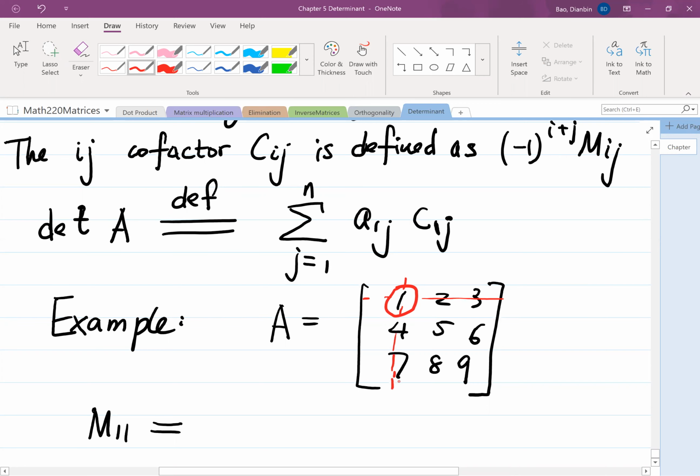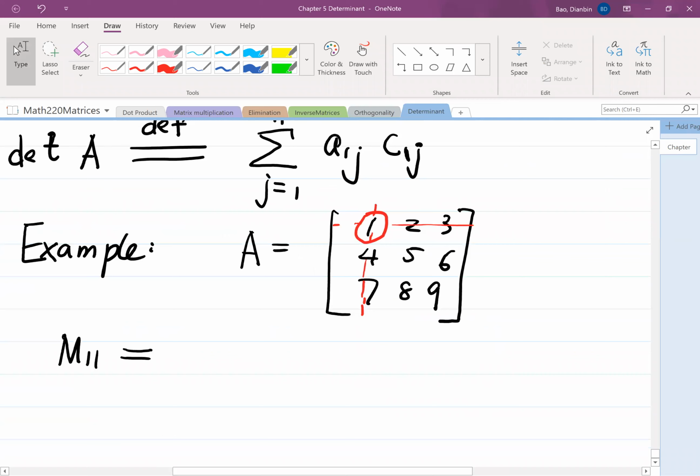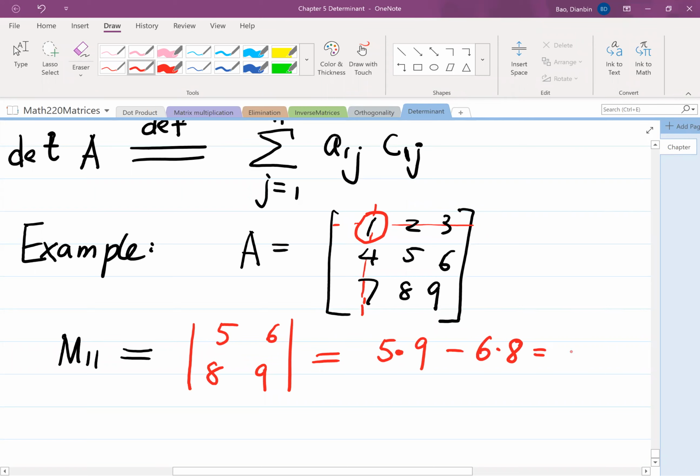Then the remaining thing will be 5, 6, 8, 9. This is a 2 by 2 determinant, which we already defined. So we get 5 times 9 minus 6 times 8, which is 45 minus 48. So this is negative 3.